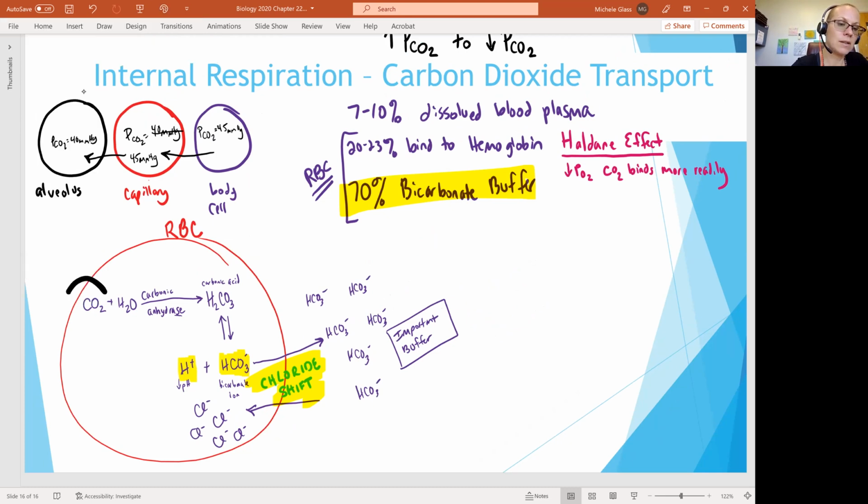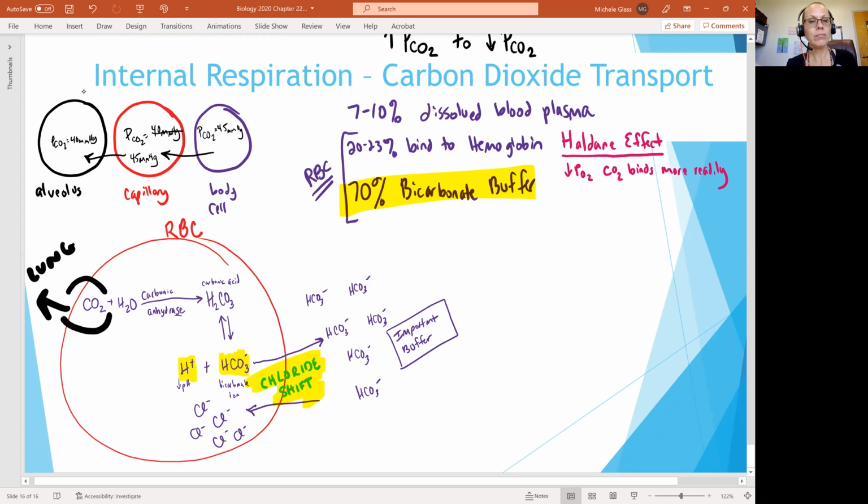When we get to the lung, we're going to exhale the CO2, and so that drives all of this reaction the other way. You exchange back the bicarbonate ion and the chloride. You combine the bicarbonate ion with the hydrogen, you make carbonic acid. That was reversible. Carbonic acid then separates into CO2 and H2O.